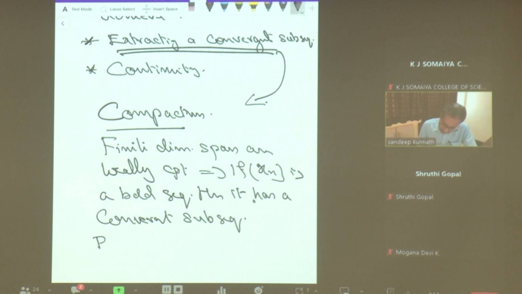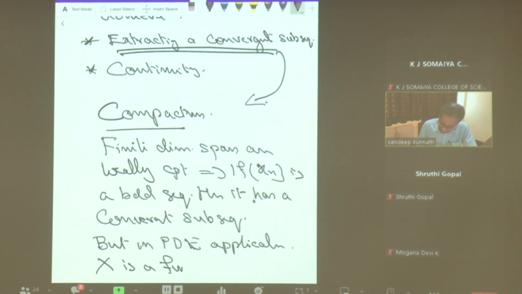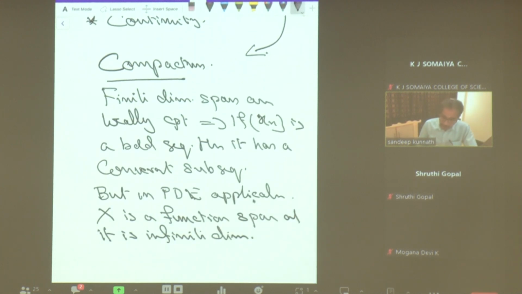But in PDE applications, X is some function space, and it is infinite dimensional. Okay. So you know that infinite dimensional spaces are not locally compact.